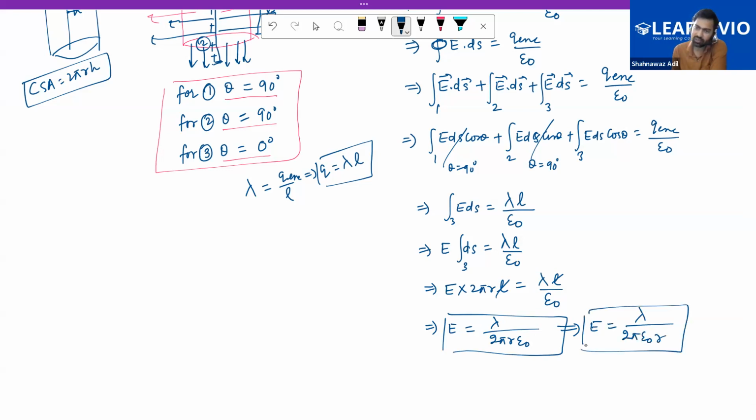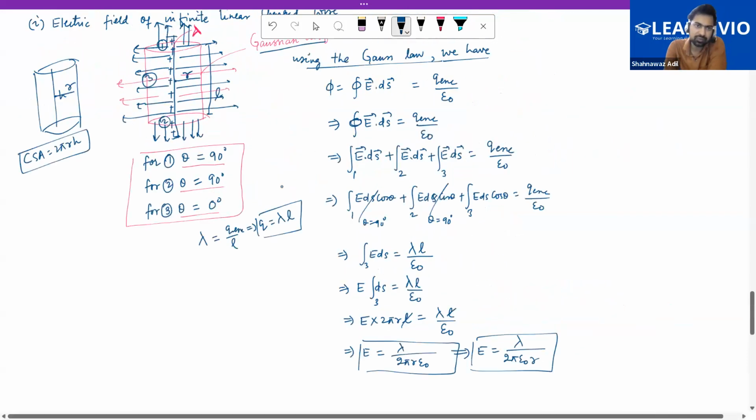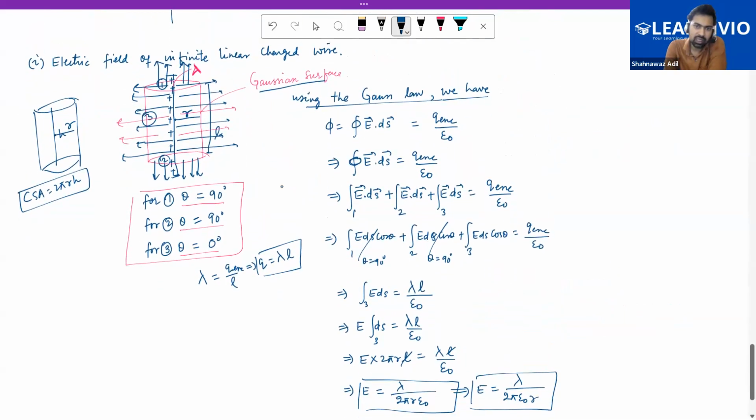So this is the electric field of a linear charge wire: E equals lambda by 2 pi epsilon naught r. Is it clear to you? Any doubts that you have? No doubts. Okay, then please note it down, and then we'll understand about the other surfaces.